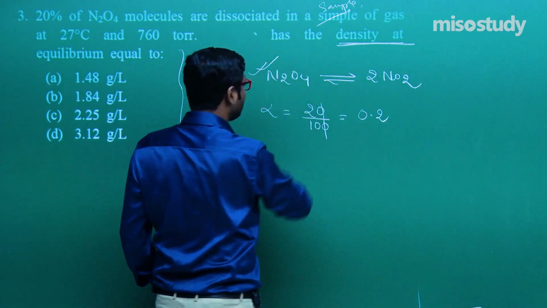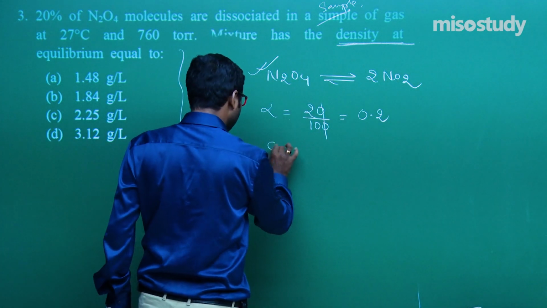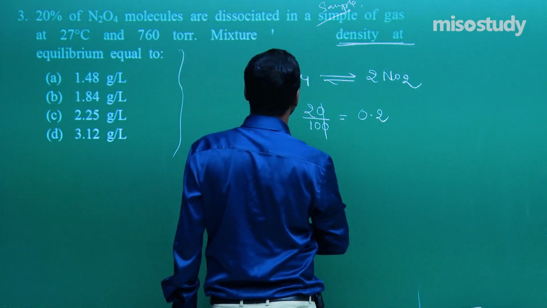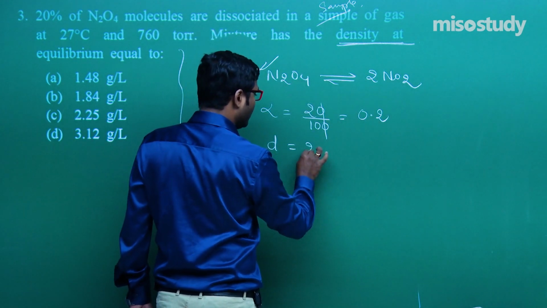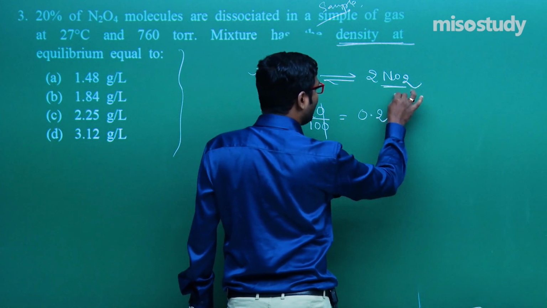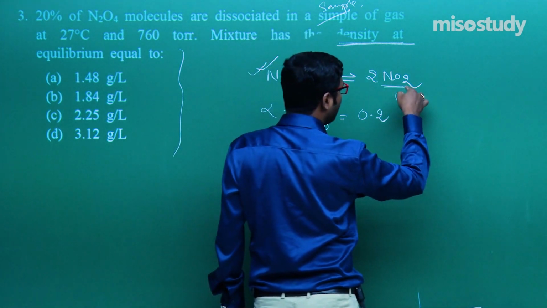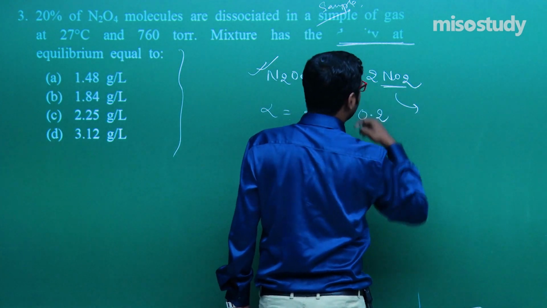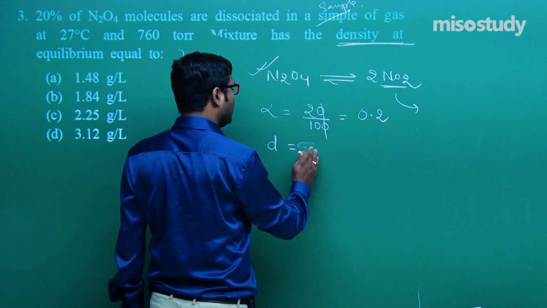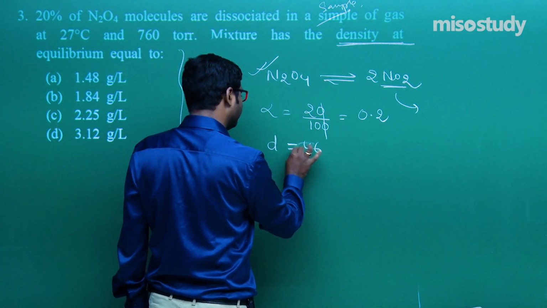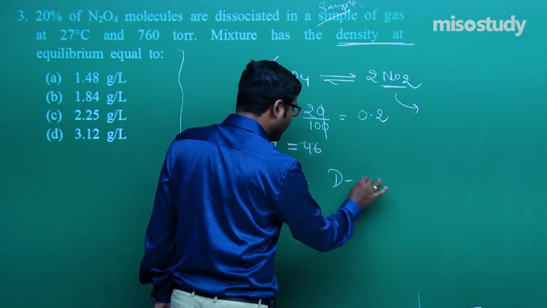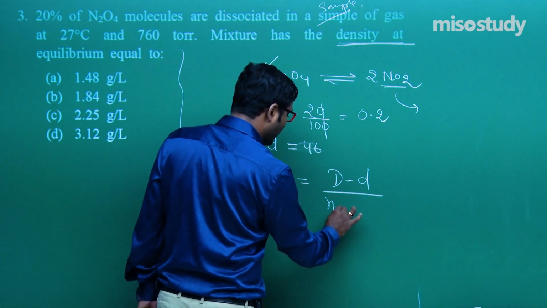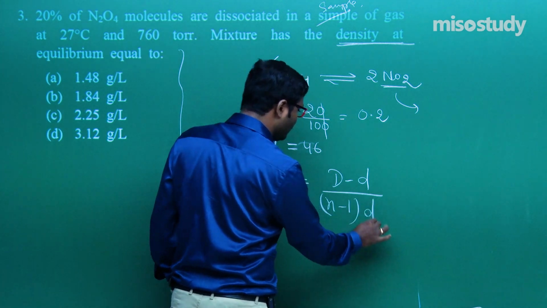Now, what to do in this case? Here is dissociation, and the value of D, the initial density, that is the vapor density. For NO2, what is 32 plus 14, that is 46. Clear? Now, as we know, alpha is equal to (D minus d) upon (n minus 1) into d.